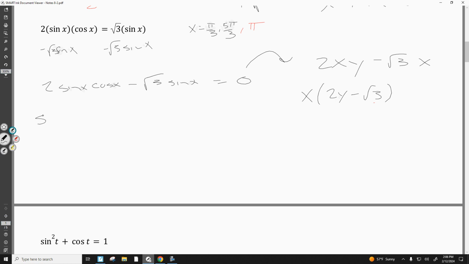Factor out a sine. You have 2 cos x minus root 3 equals 0. Now you can solve. Good.